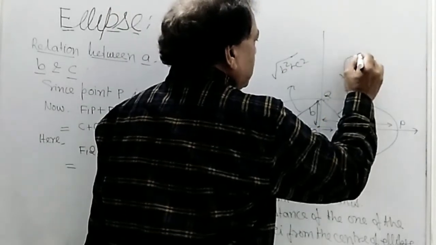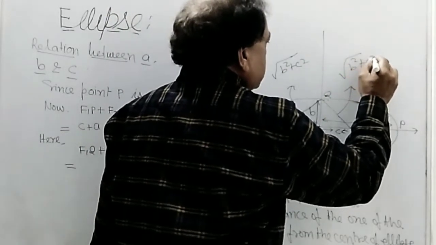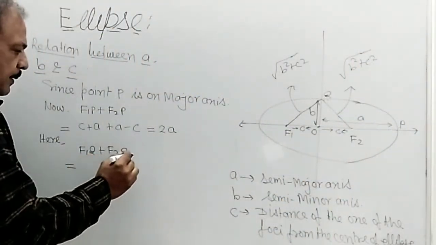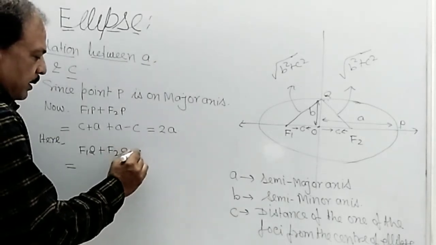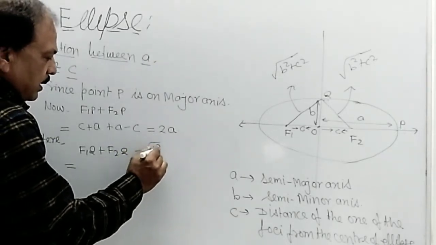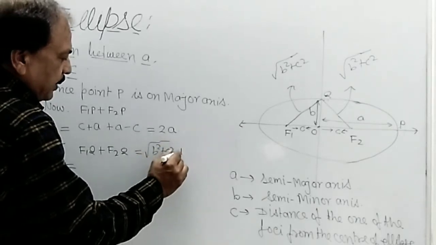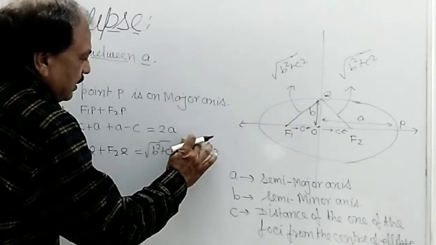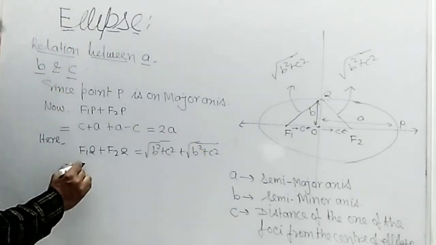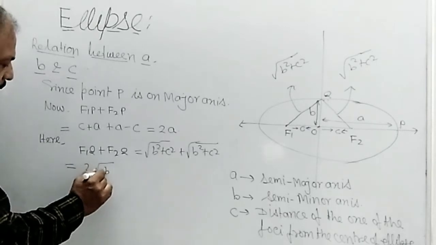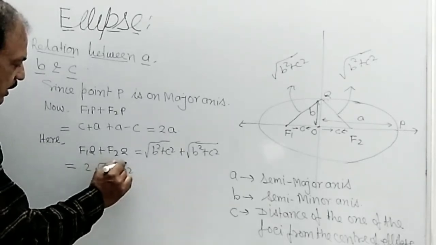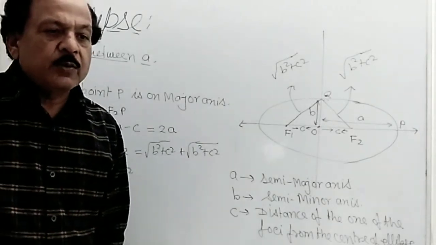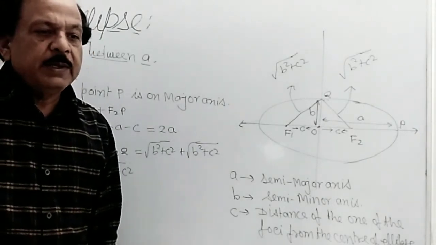So F1Q plus F2Q is under root B square plus C square plus under root B square plus C square, which will be equal to 2 under root B square plus C square. So these two will be equal.